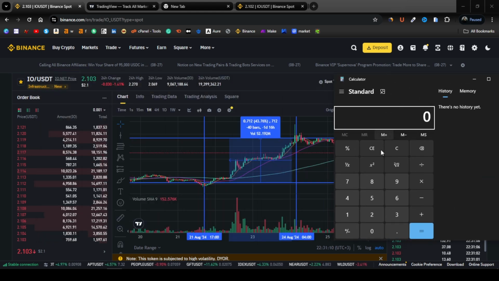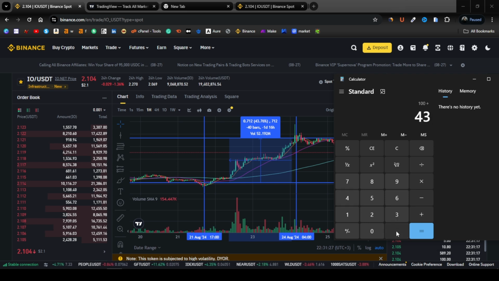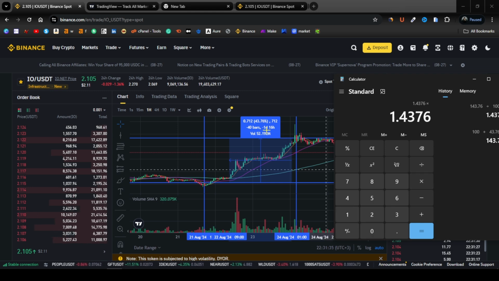So let's say you invested your 20 USDT, all right, and it increased with 43.76%. So that should be 100 plus 43.76, right? And then you divide by 100, you multiply by the amount you invested, which is 20 USD.